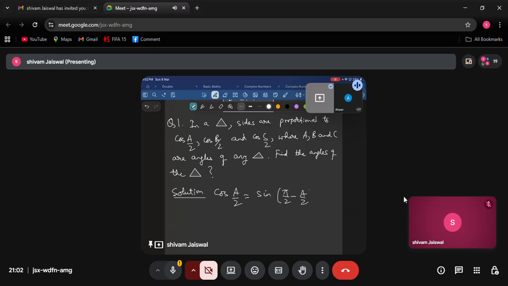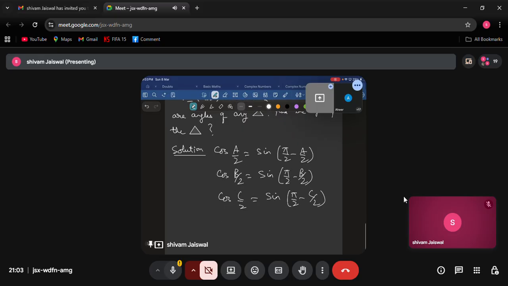You just have to convert all of these ratios into sine of some angles, because generally the sides are proportional to the sine of some angles. So cos B by 2 is equal to sine pi by 2 minus B by 2, and cos C by 2 is equal to sine pi by 2 minus C by 2.